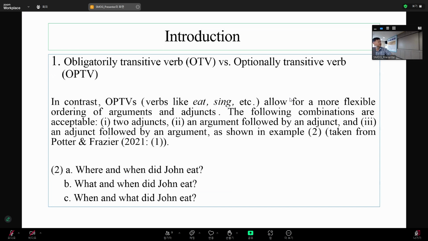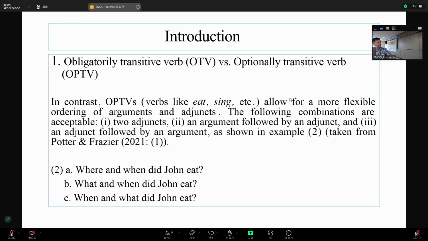Next, in contrast to OTVs, optionally transitive verbs are verbs like eat, sing, etc. These verbs allow for a more flexible ordering of arguments and adjuncts. Both are possible. The following combinations are acceptable.